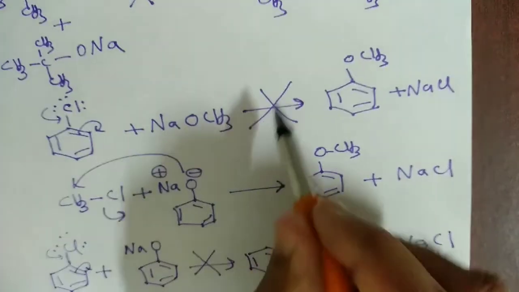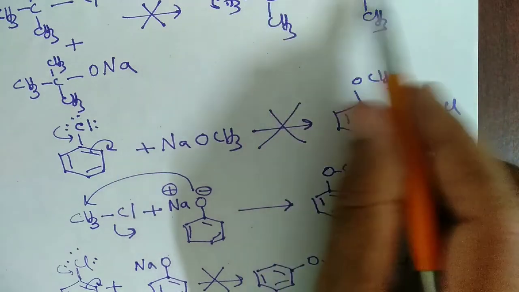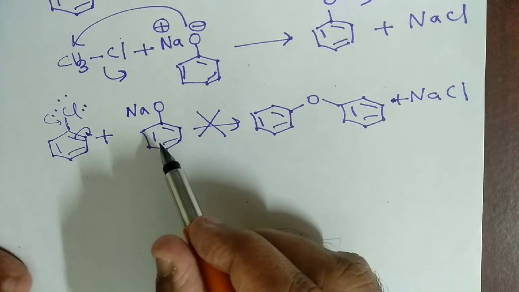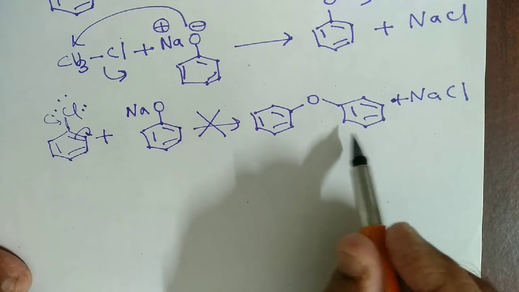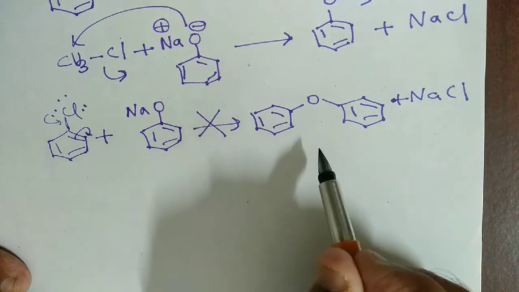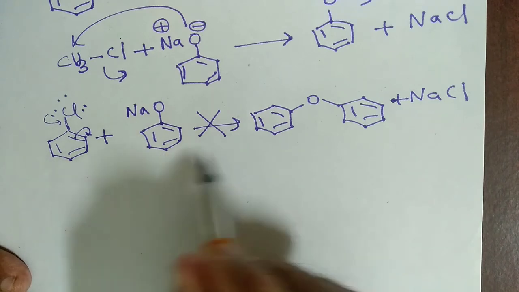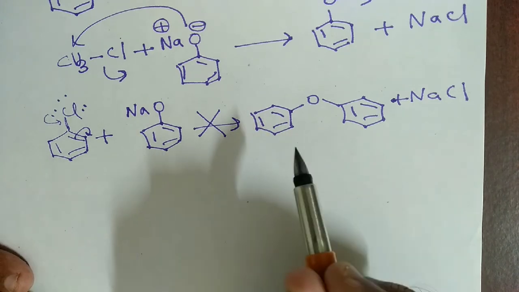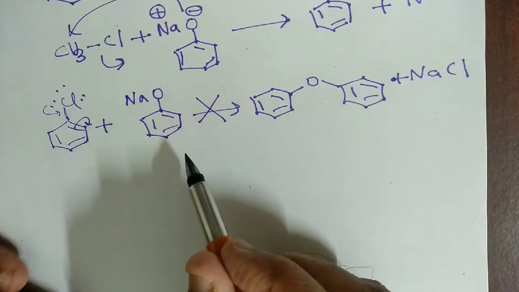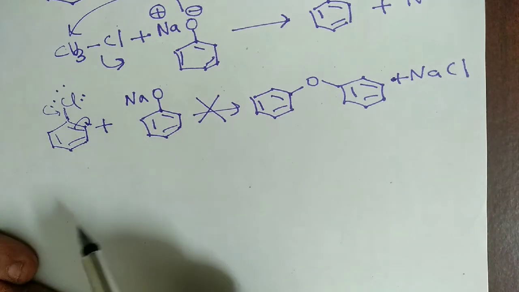So, ethers having two tertiary alkyl groups or two aryl groups cannot be prepared by Williamson's method. It is a drawback or limitation of Williamson's ether synthesis. The advantage of Williamson's ether synthesis is that both symmetrical and unsymmetrical ethers can be prepared.